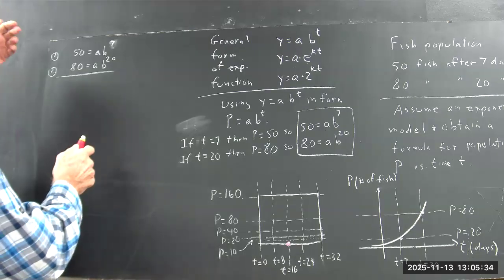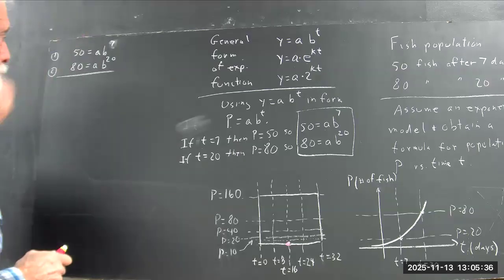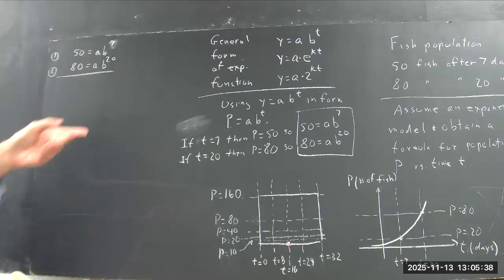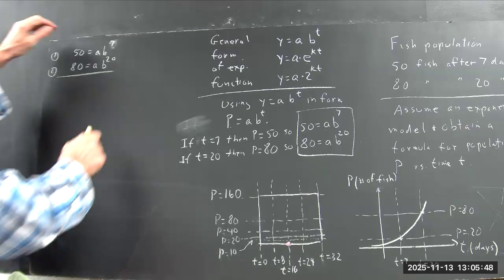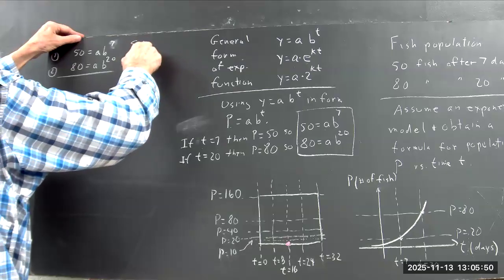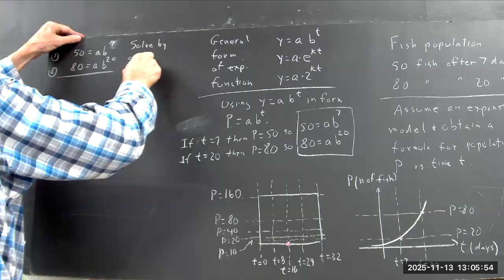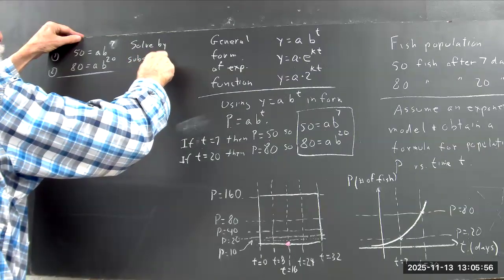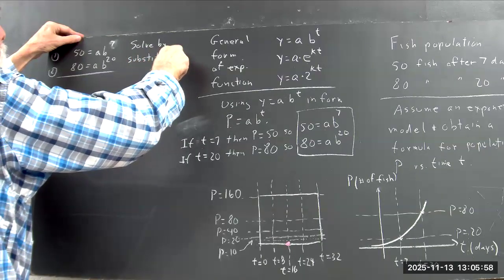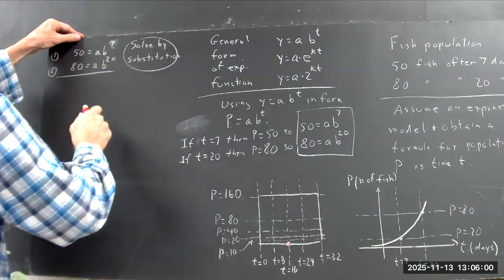So what do we do? Generally, we solve one of the equations for A and plug that result into the other equation. We're using substitution.